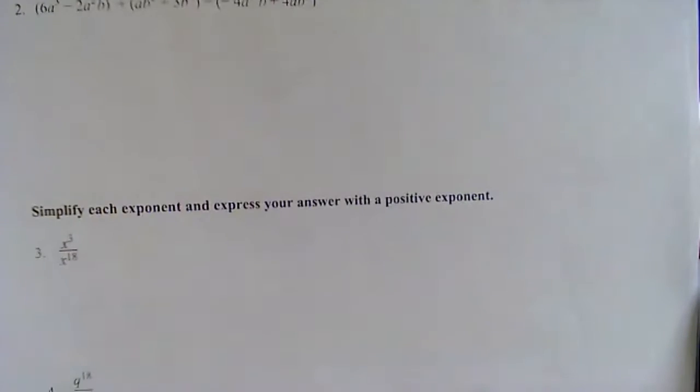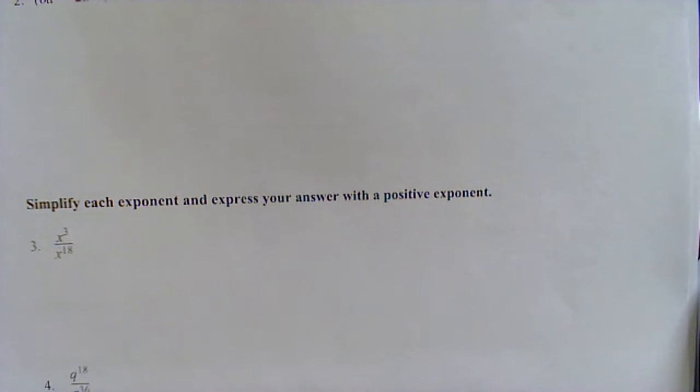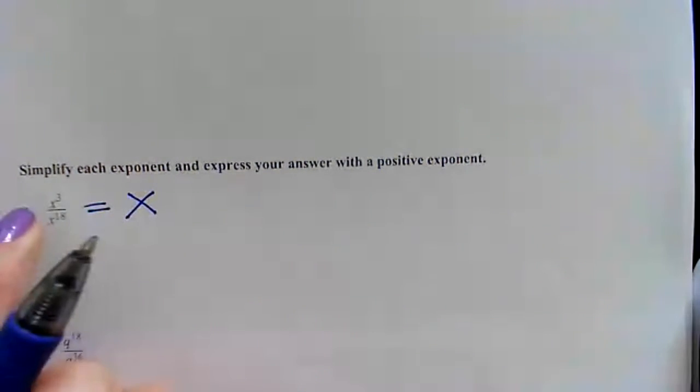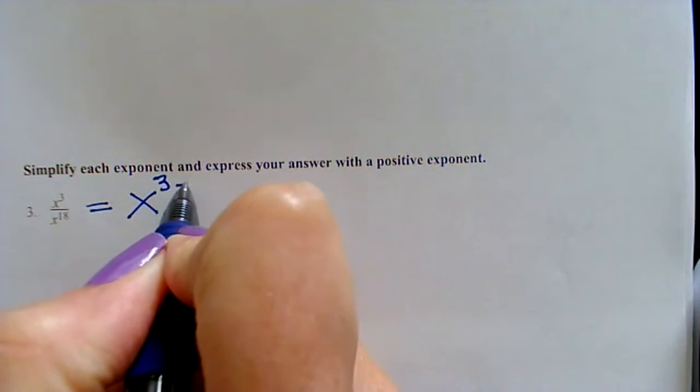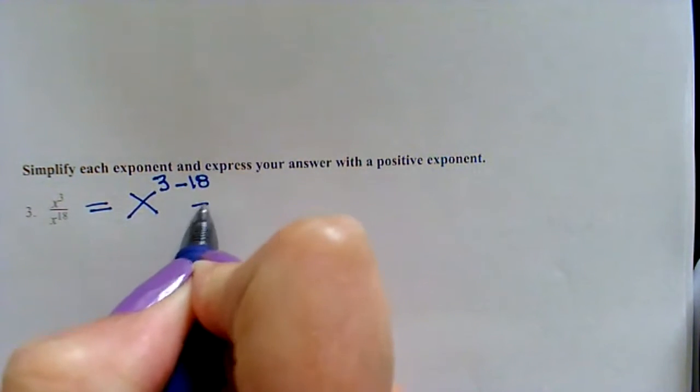Now, this one says, simplify each exponent and express your answer with positive exponents. Remember, we're always going to want answers with positive exponents. So the rule says that we are going to copy the base and we're going to subtract the exponents. So it's going to be 3 minus 18.